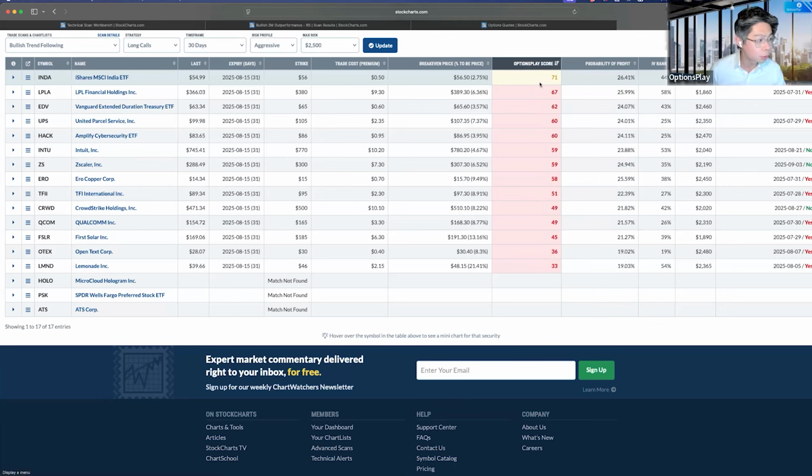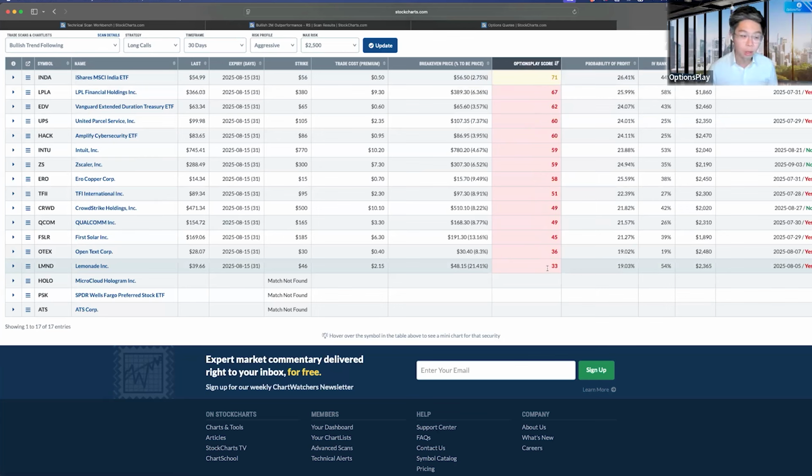So the ones at the top are the most attractive to me because those call options are relatively inexpensive, and the ones at the bottom are the least attractive to me because those call options are very expensive. So what this means is that I no longer have to do all of this work looking through different charts, looking at options chains. It automatically does the work for me.